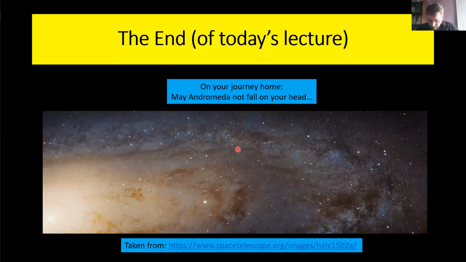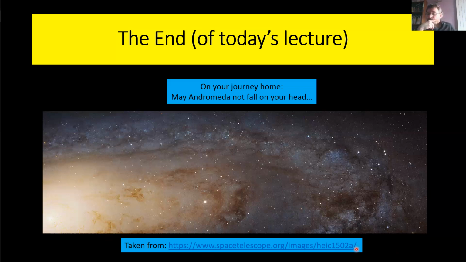But here, well, on the journey home, hopefully Andromeda Nebula doesn't fall on your head. So if you remember the Gaul warriors, Asterix and Obelix, the only thing they were afraid of is that the sky will fall on their head. And this picture here, this is very interesting. This is taken from this website here.